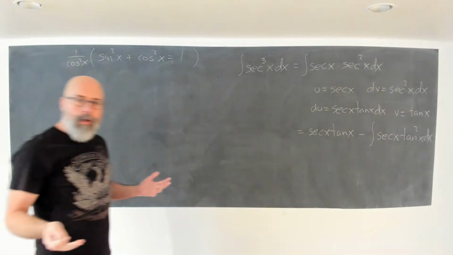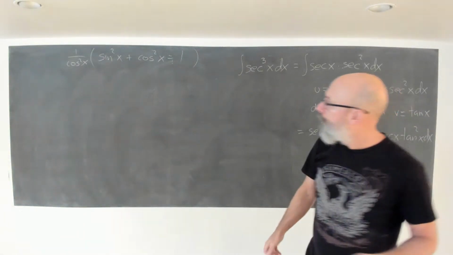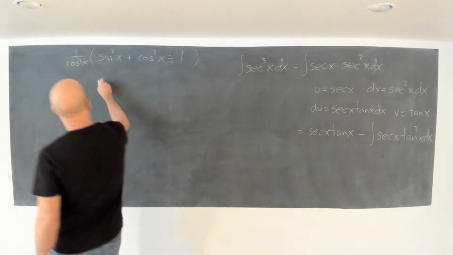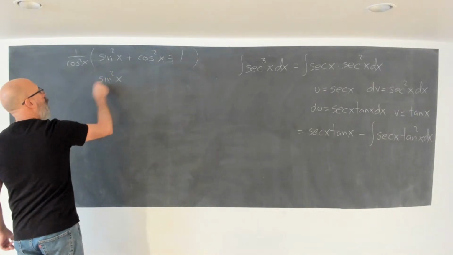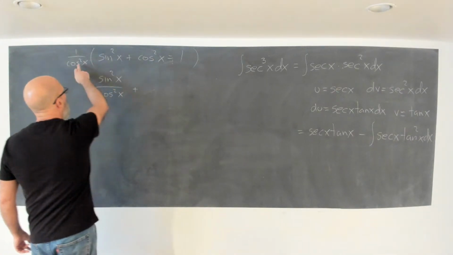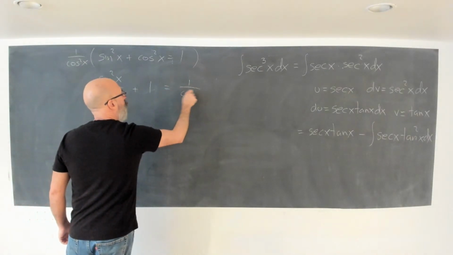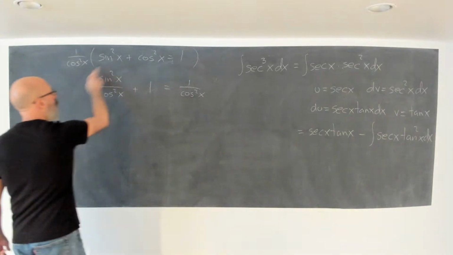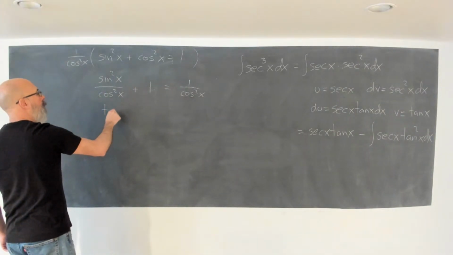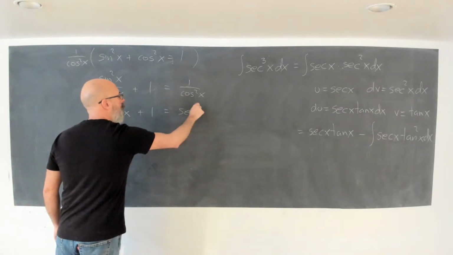If you multiply the whole equation by 1 over cosine squared, equality is maintained. And what do we get? We get sine squared over cosine squared plus cos squared over cos squared, which is 1, equals 1 over cosine squared. Or tangent squared plus 1 equals secant squared.